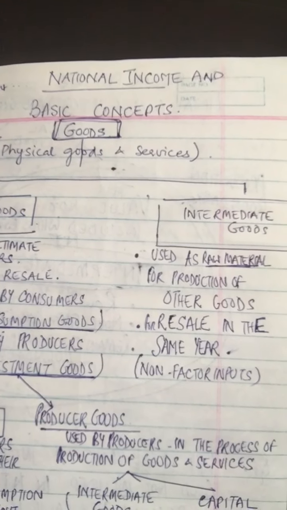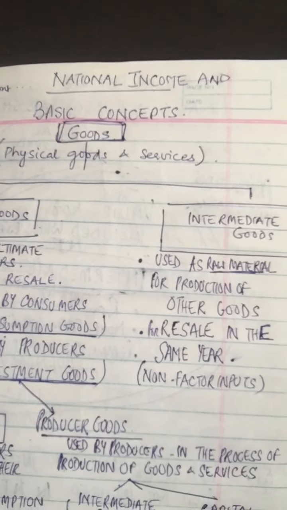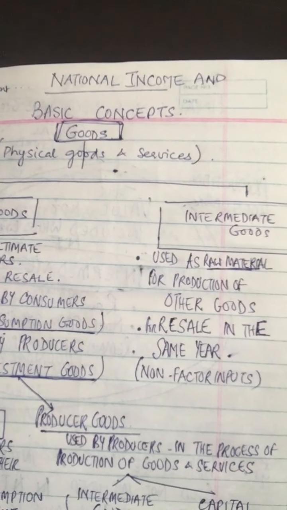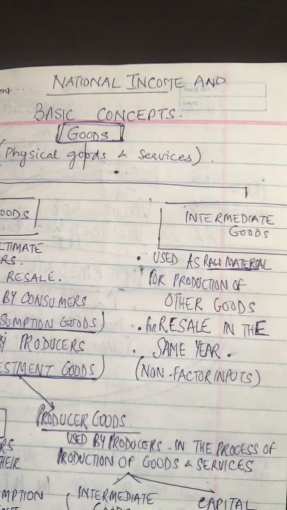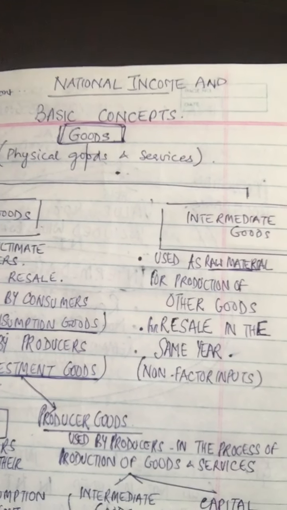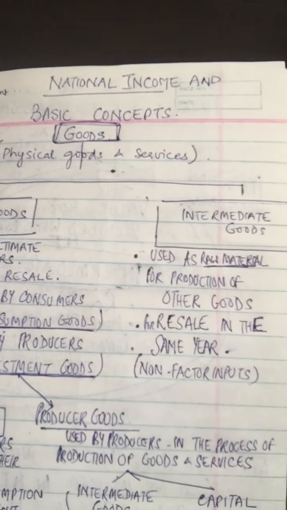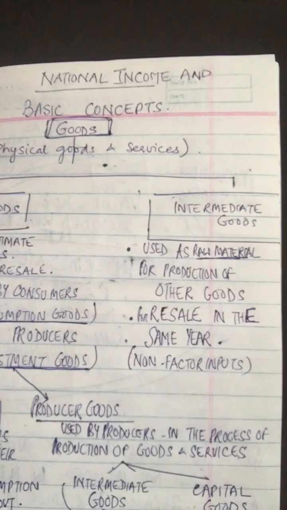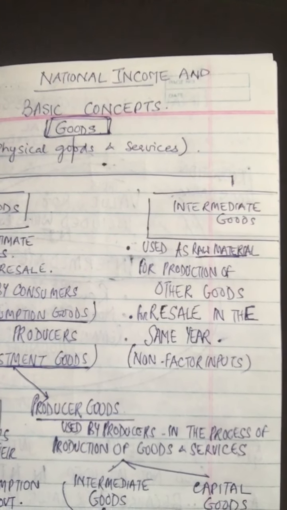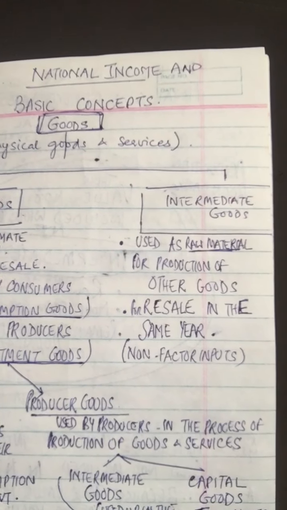So then let's talk about intermediate goods. So what are intermediate goods? They are those goods which are used as raw material for production of other goods, or they are used for resale in the same year. So once again, intermediate goods are used for producing other goods, and second, these goods are resold during the same year, that is the year of purchase.